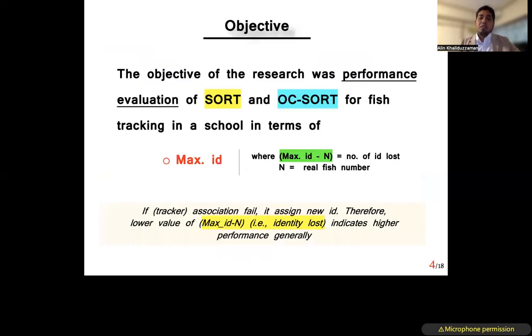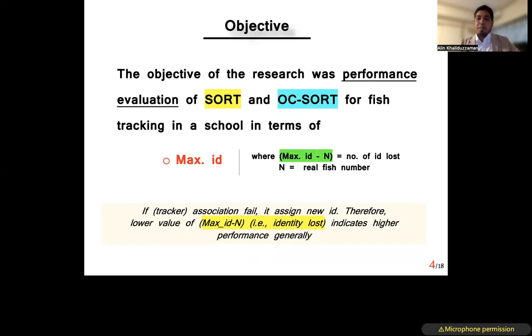For this reason the objective of this research is the performance evaluation and comparison of SORT and OC-SORT for tracking of fish in a school in terms of max ID. So as the performance evaluation, I use max ID. So let's clarify what is max ID.